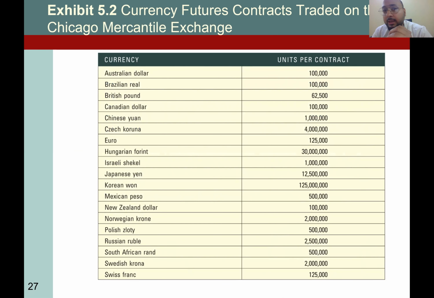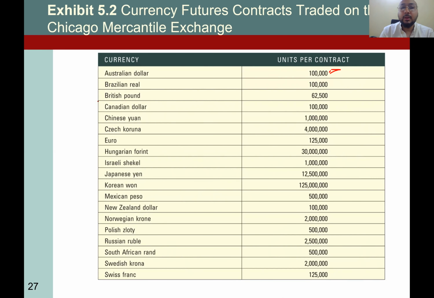So if we are dealing in Australian dollar, right? One contract is equal to 100,000. If you need 50,000 Australian dollar, you cannot use the CME or Chicago Mercantile Exchange, because one contract is at least 100,000 Australian dollar. If you need 200,000 Australian dollar, you will buy two contracts.